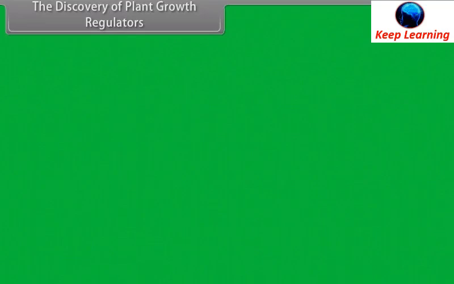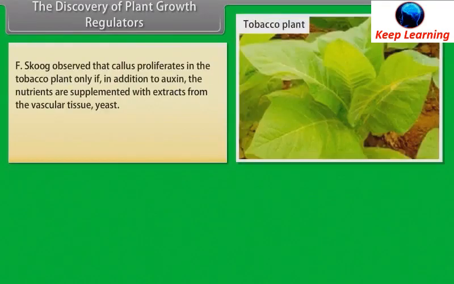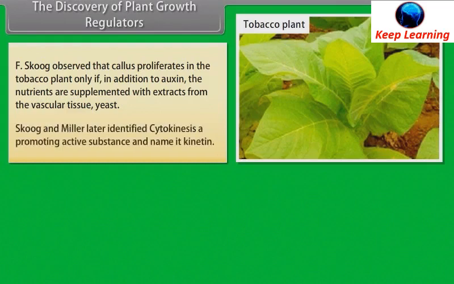The discovery of plant growth regulators. F. Skoog observed that callus proliferates in the tobacco plant only if, in addition to auxin, the nutrients are supplemented with extracts from the vascular tissue or yeast. Skoog and Miller later identified the cell division promoting active substance, a cytokinin, and named it kinetin.